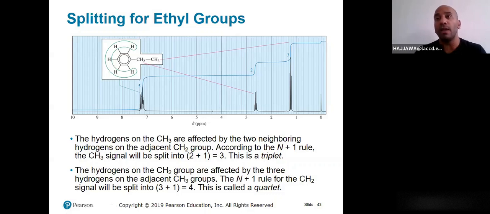So you're not going to be dealing with other than mono-substituted benzene or di-substituted benzene that are para to each other, meaning 1,4 di-substitution. So all the examples that you're going to see in the homework or quiz or in the chapter, they're going to be similar to what you're going to be seeing in the exams.